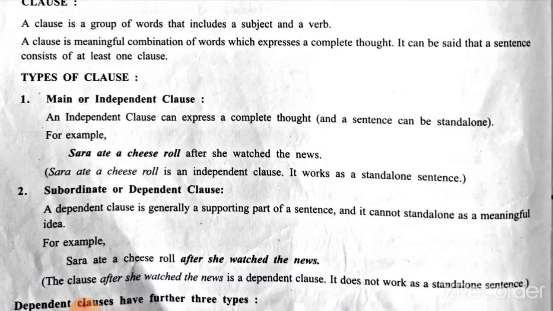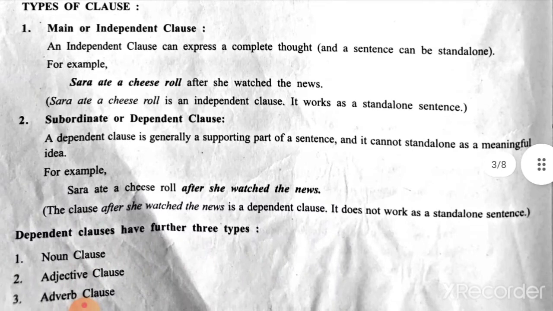Sarah ate a cheese roll is an independent clause. It works as a standalone sentence. It depends on nothing else. Okay, it becomes a complete sentence. Then that we have discussed subordinate.